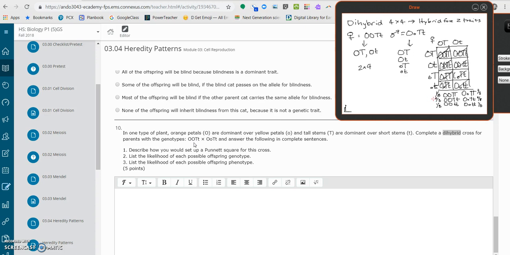Okay, so if these right here are the genotypes, now I want to see what these guys look like. If I go to the parent up here, I know that this capital O means orange, and the little o means yellow. The capital T means tall, and the little t means short. And so now I'm going to look at the possible genotypes.